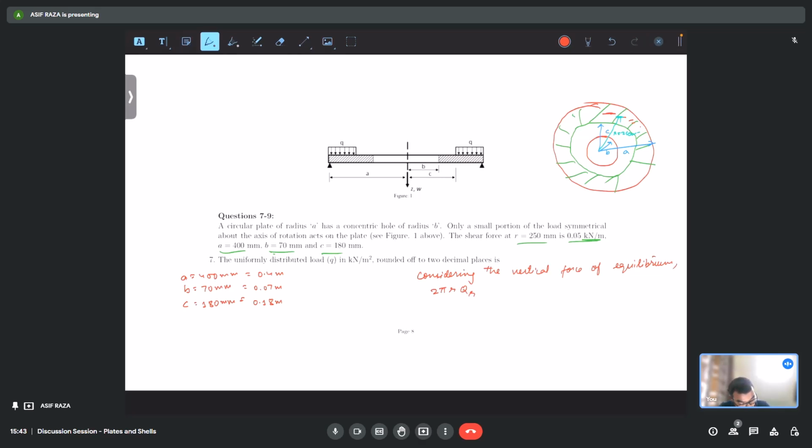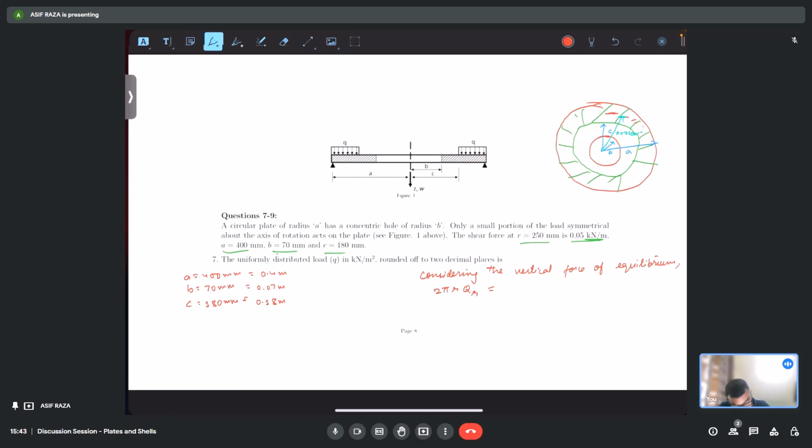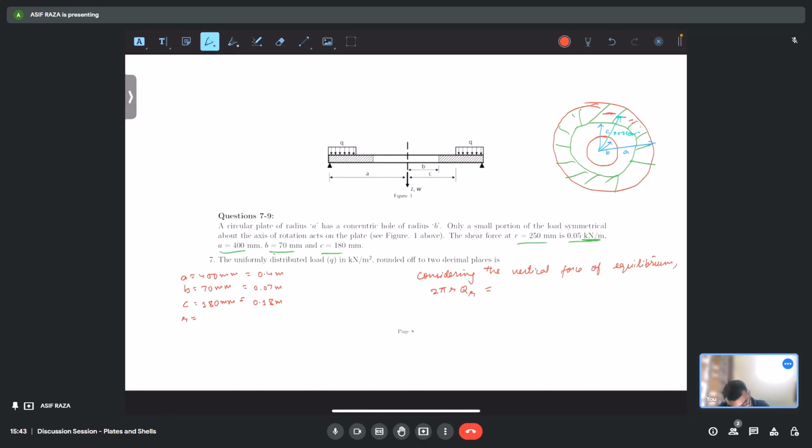R is 250 mm, which is 0.25 meter, and qr is 0.05 kilonewton per meter. So 2 pi r we need, and to maintain this we get 2 pi times r square minus c square, right?